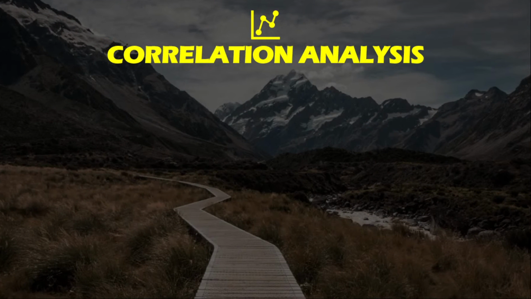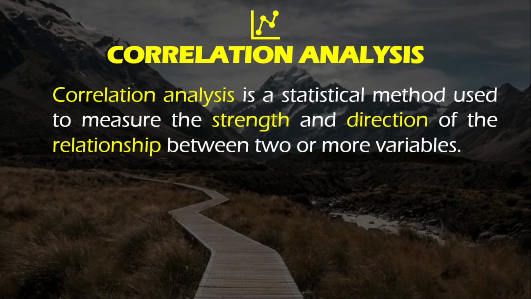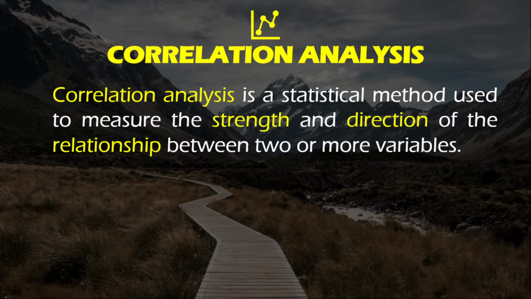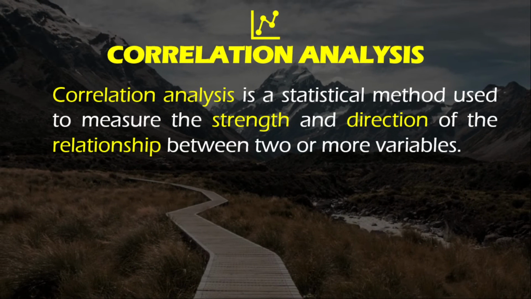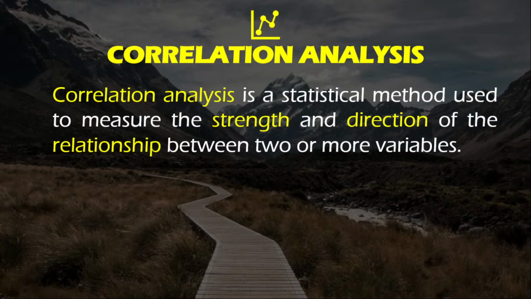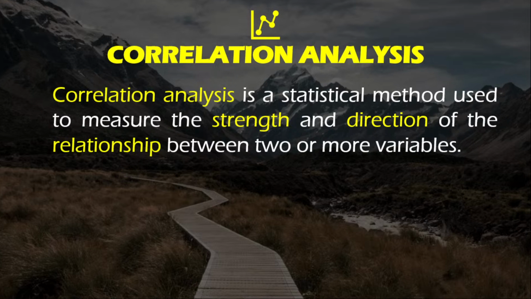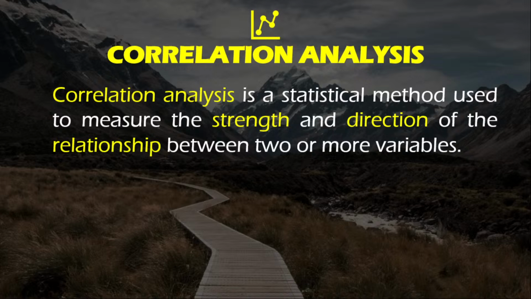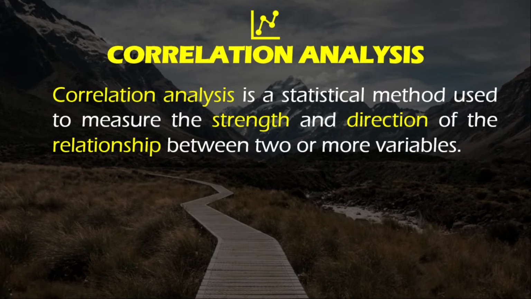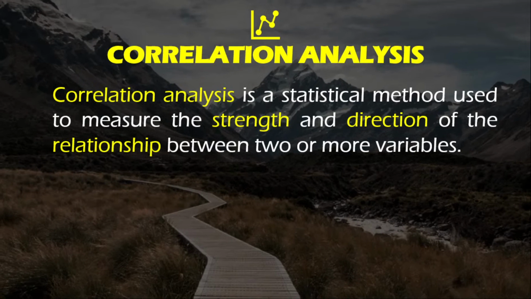Now, what is correlation analysis? Correlation analysis is a statistical method used to measure the strength and direction of relationships. Regression is to predict, and to check relationships and effects. But correlation is used to measure the strength and direction of the relationship between two or more variables.